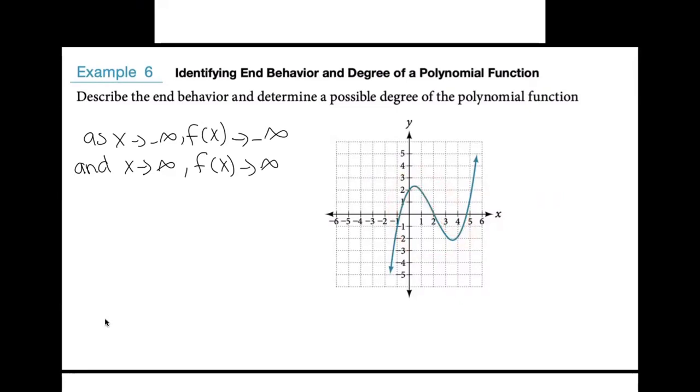But for now, all we know is that the degree must be odd, and the leading coefficient must be positive since it has the behavior of a positive k value. So we have: degree is odd, leading coefficient is positive.